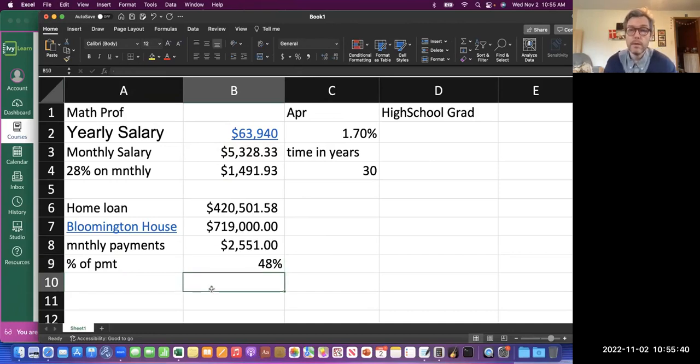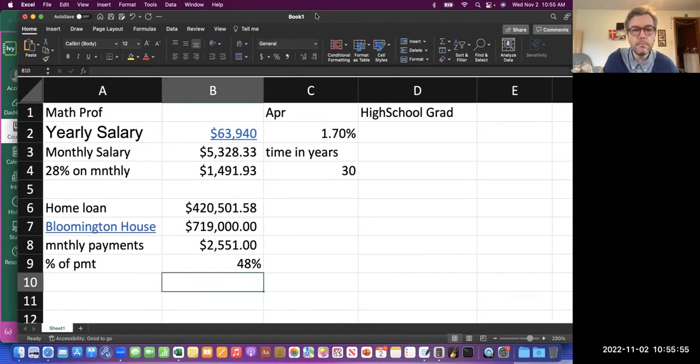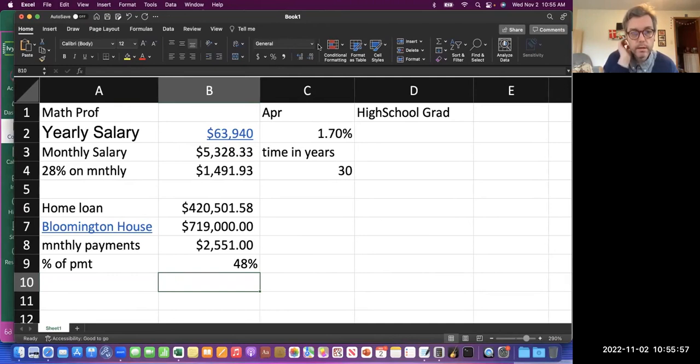If I bought that really expensive house, almost half of my monthly salary would be going to the house. That's not insurance. That's not taxes. That's not repairs, anything like that. That's just the straight mortgage. Okay. So that is that portion of the project.